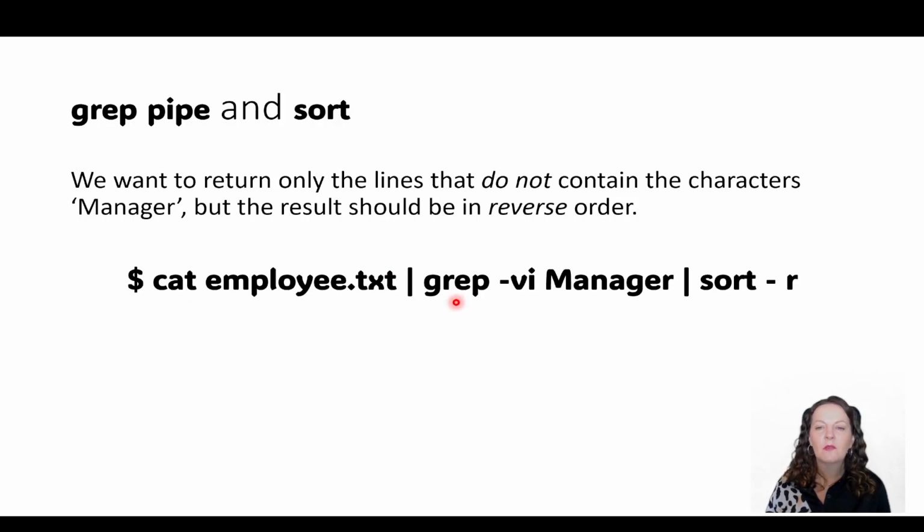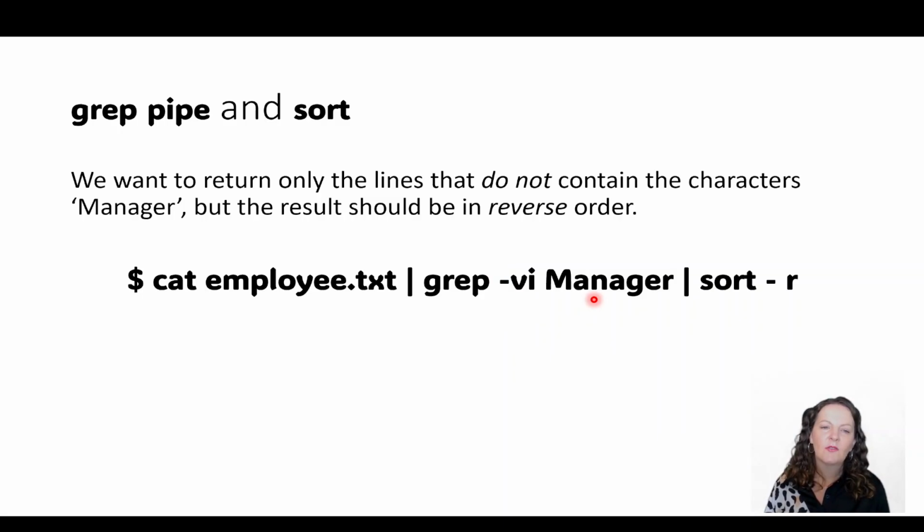The grep can be used to find strings and values in a text document, such as that employee.txt. So you're saying search for the word manager, grep manager, but we've added in a few extra optional options here. We've got our minus v and we've got our minus i.